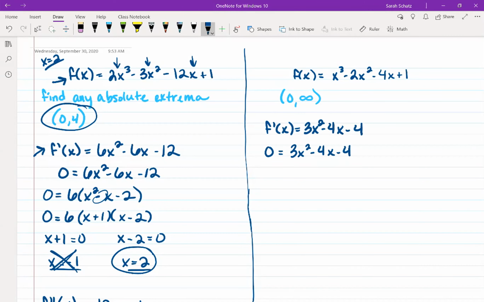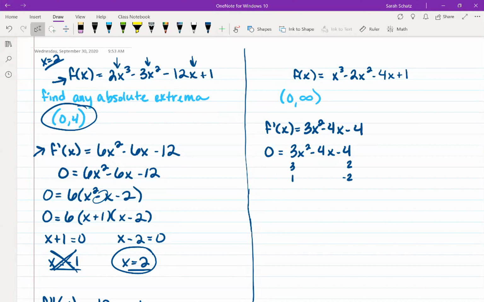I have to leave it all there. So the factoring might be a little bit harder for us, so let's be careful with it. Let's think about factors of our first term, maybe 3 and 1. One of these needs to be negative. How about this one? That should do it.